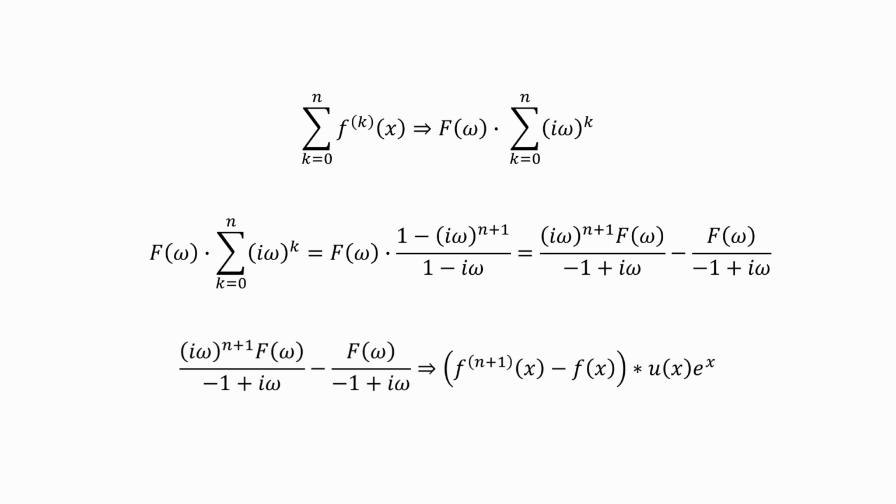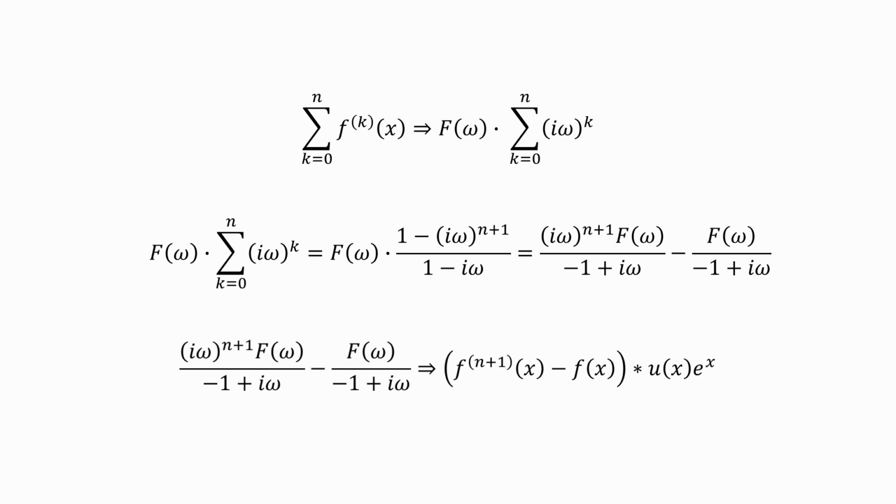Now we're going to separate that in two parts, so we have two distinct functions, namely (i omega) to the power n plus 1 times the Fourier transform divided by minus 1 plus i omega, minus the Fourier transform of the function divided by minus 1 plus i omega. Now, why do we do this?